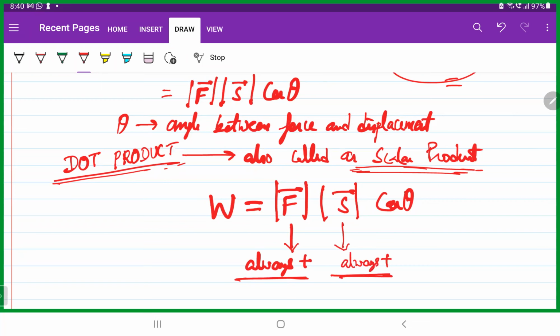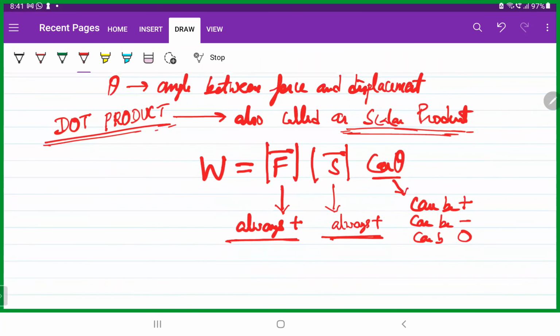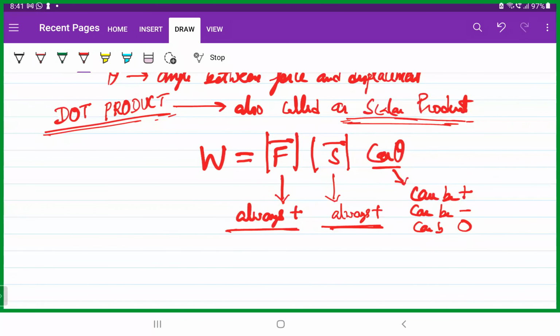What about cos theta? Cos theta can be positive, can be negative, can be zero, depending upon theta. And theta is the angle between force and displacement.